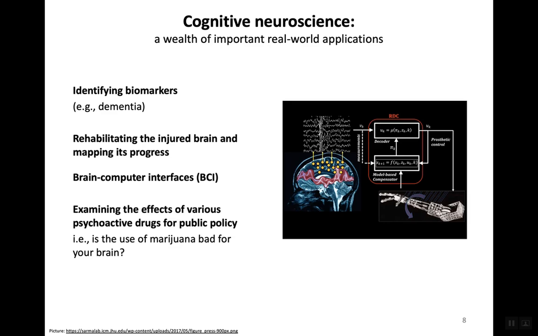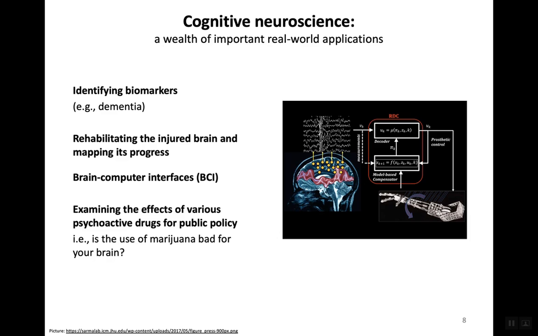So, for instance, many of you might be familiar with the term biomarkers, which refers to biological markers, neural indicators in many cases of specific diseases or disorders. To take one example, dementia is one of those neurodegenerative disorders that a large part of the scientific community is dedicated to in its study.